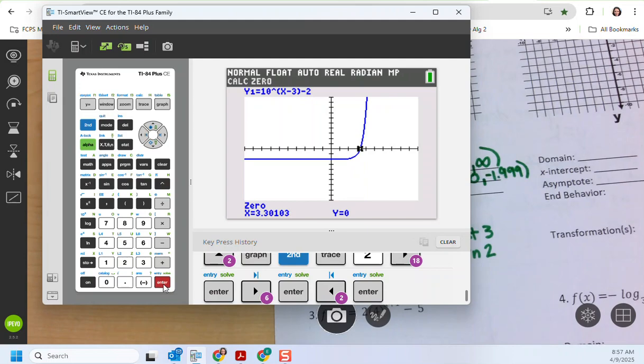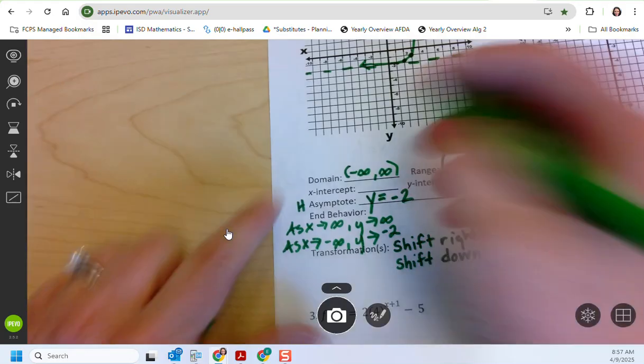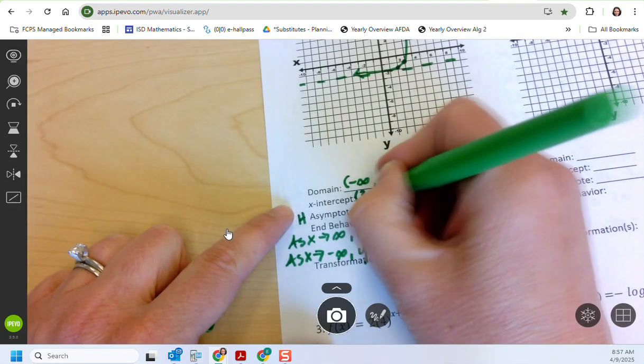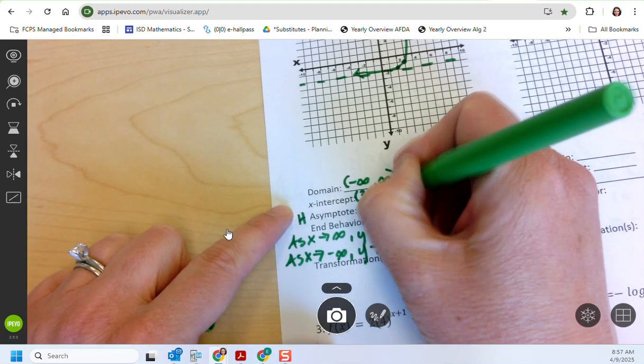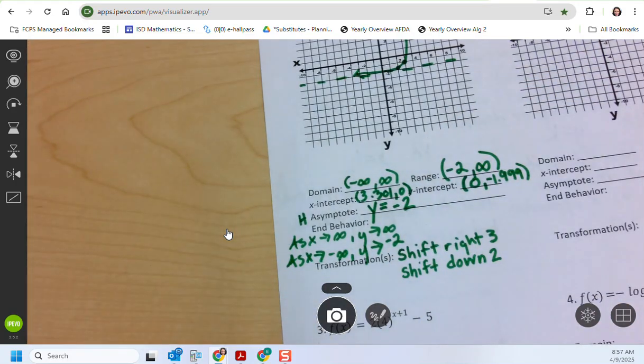All right, if you did all those steps correctly, you should have 3.301. And so we're going to put this on our paper for our x-intercept. We'll have another chance to try that if you didn't get it that time. It was 3.301, 0. What questions do you have on this one?